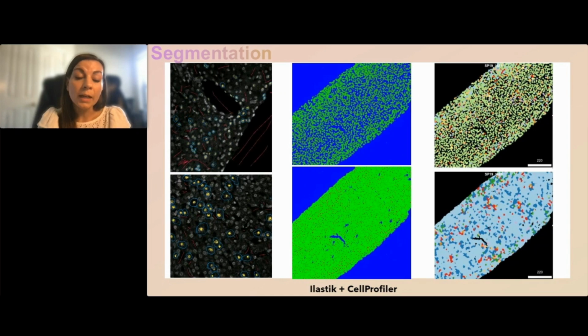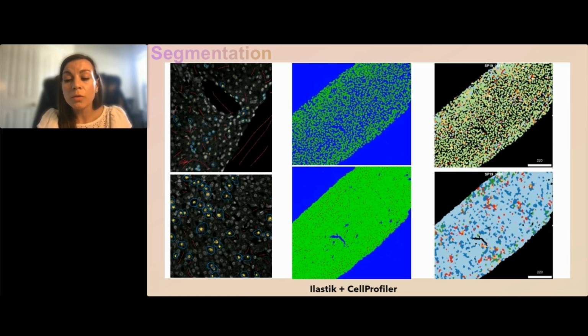And in our lab, we started with the association of Elastic and CellProfiler for raw image segmentation. As you can see here, there is some operator variability, meaning that based on how we draw the membrane on the image, it is affecting the appearance of the mask.